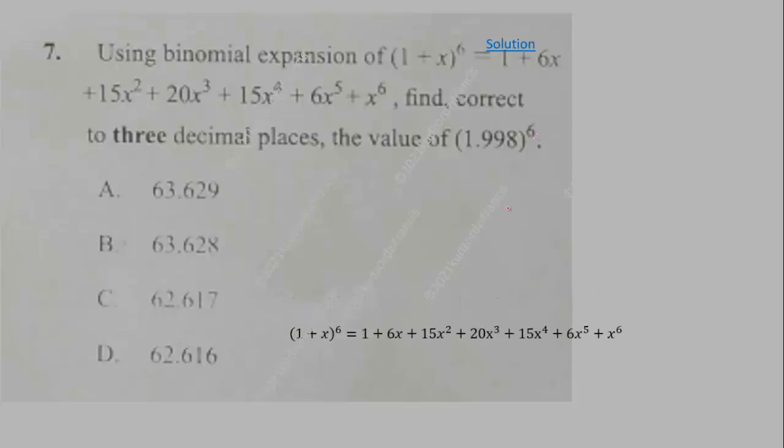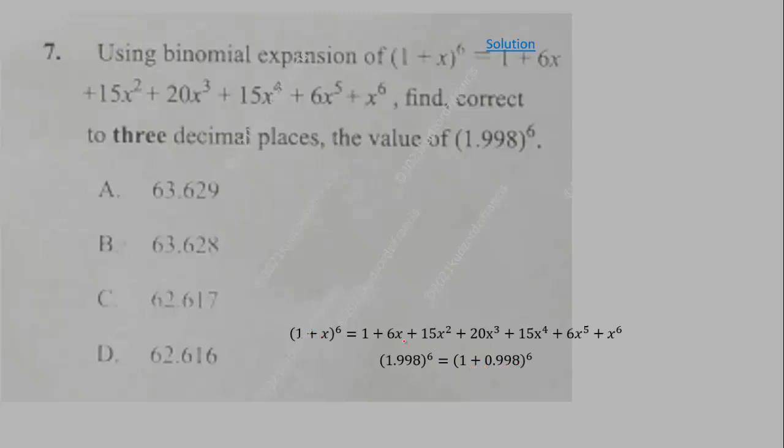So this is the expansion given to us. So we need to rewrite this to look like 1 plus a certain number. That will be 1 plus 0.998. So it means when you compare this and this, x is equal to 0.998.